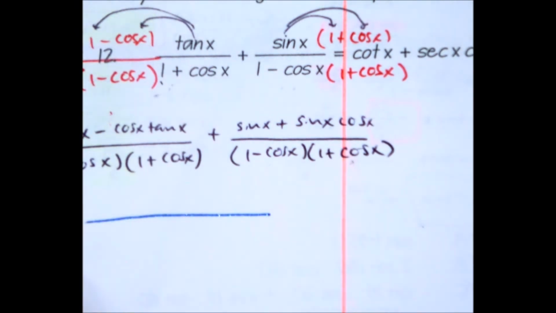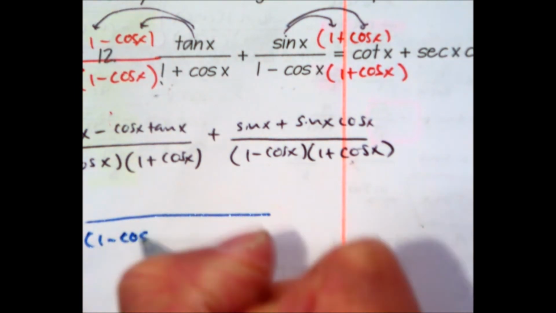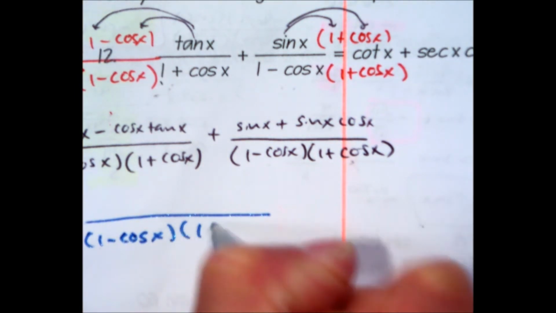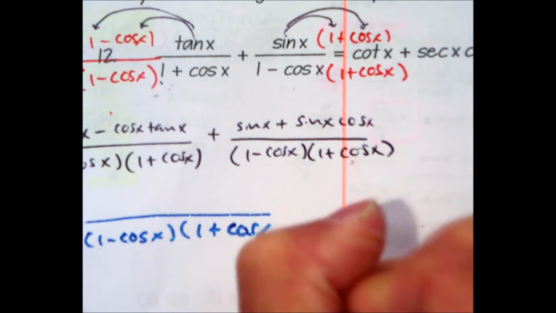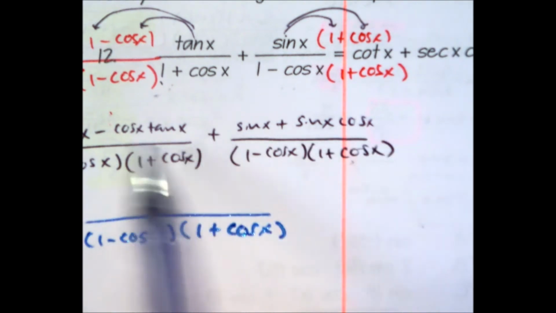Now I have a common denominator, so I can have one fraction, 1 minus cosine x, 1 plus cosine x. And if you look here, can I cancel anything?